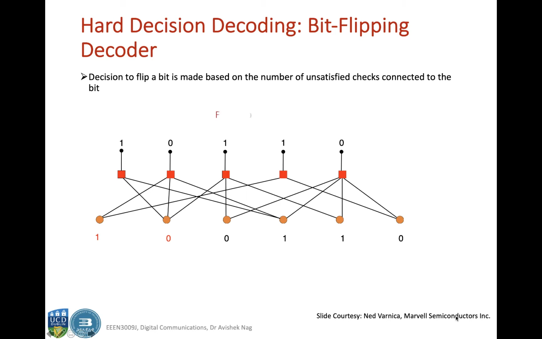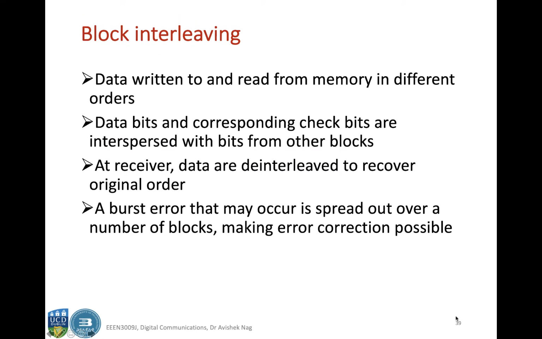So, today we will go through the last topic under your linear block codes, which is block interleaving, and then we will move forward with another type of codes called convolutional codes, and that will conclude the discussion about your error correcting codes.